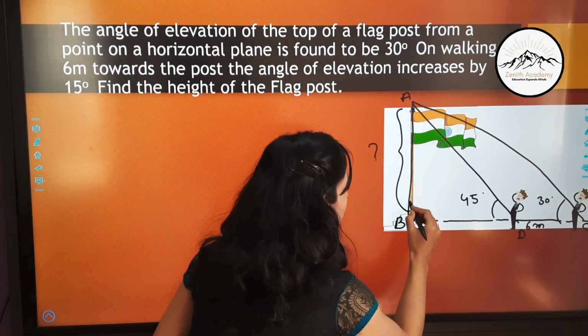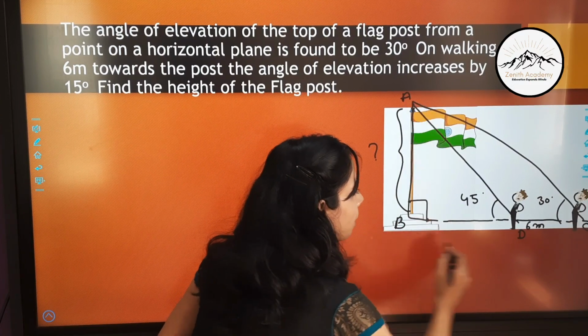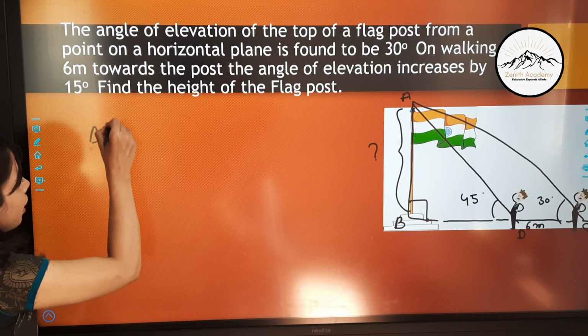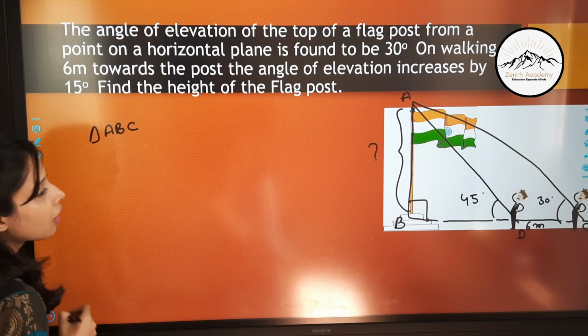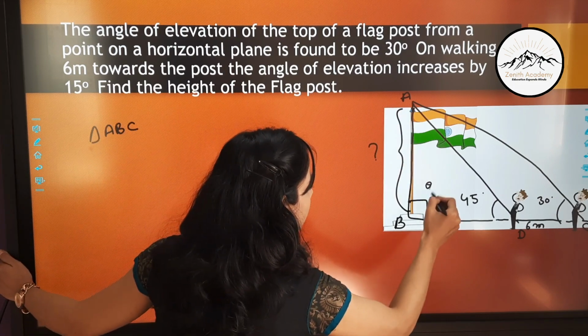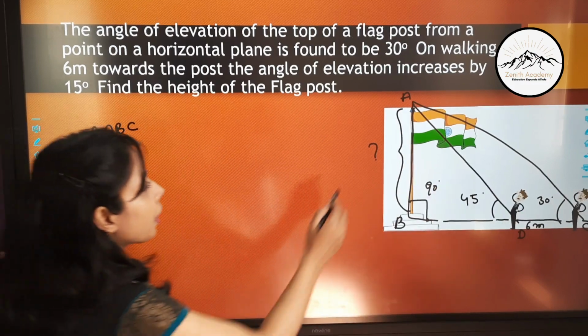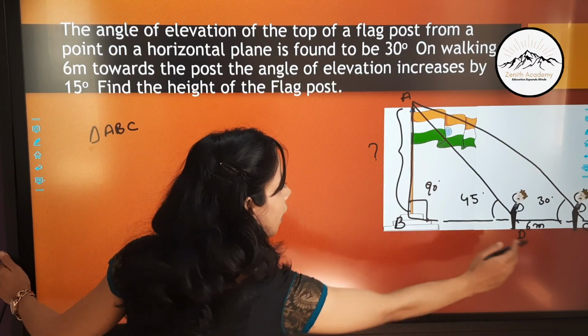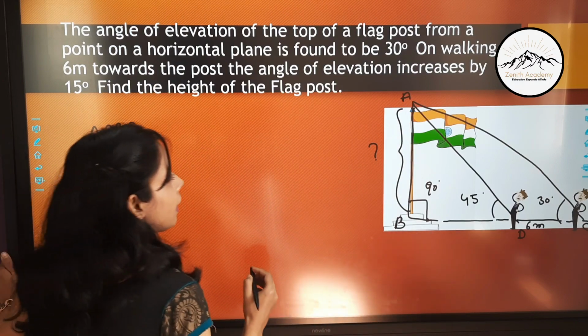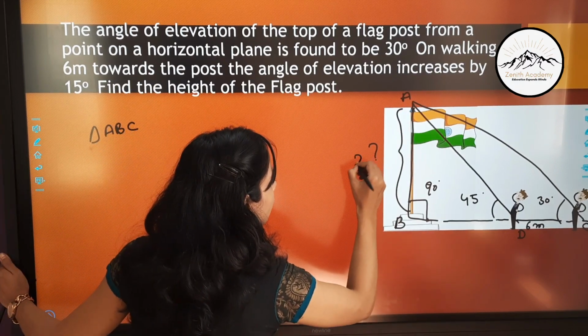If we take triangle ABC whole, in this triangle angle B is 90 degrees and the angle opposite to it is 30 degrees. Now we need AB and BC.